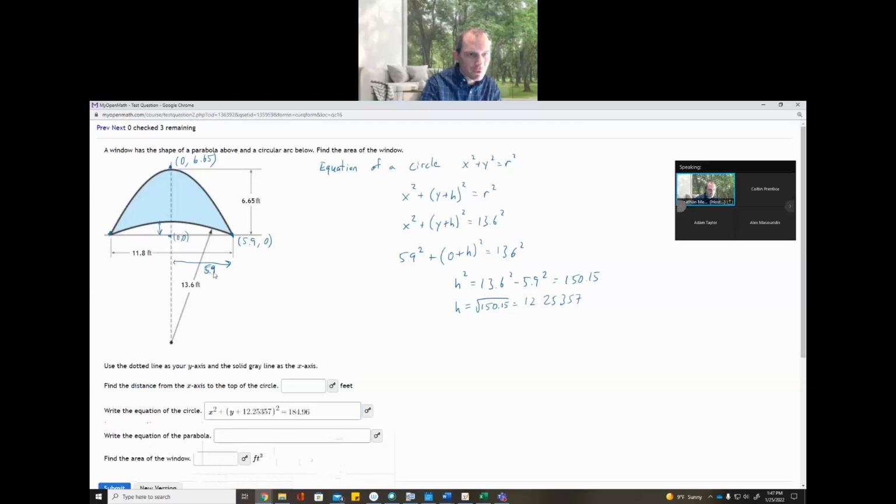Okay, so then if I want to know the distance between the origin and this point, the distance from the x-axis to the top of the circle, that's just the y value when x is 0. So I can just take my equation of a circle and plug in 0 for x.